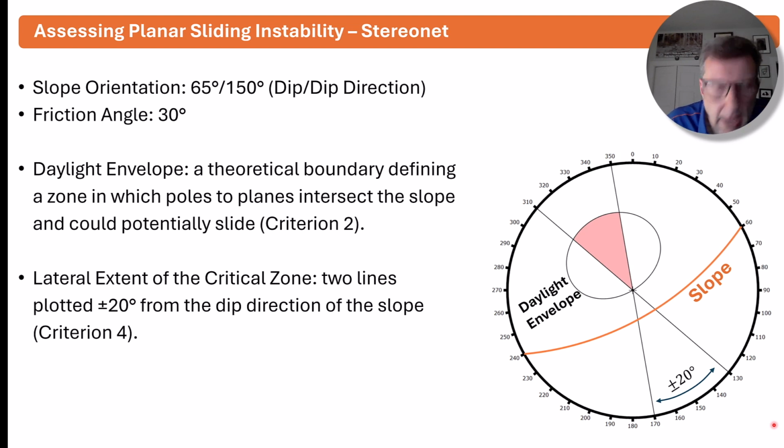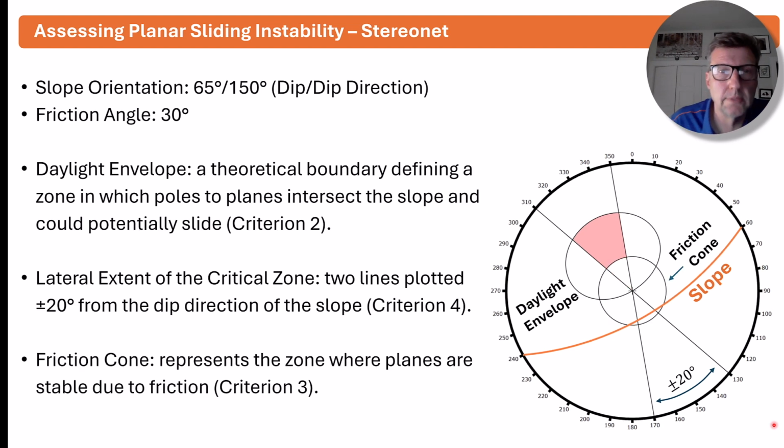Next, we have to deal with friction. In order to incorporate friction onto our stereo net, we plot what's known as a friction cone. It's a circle that's plotted at the center of the stereo net with a radius equal to the friction angle. If any poles to planes of discontinuities plot within the friction cone, they're stable.